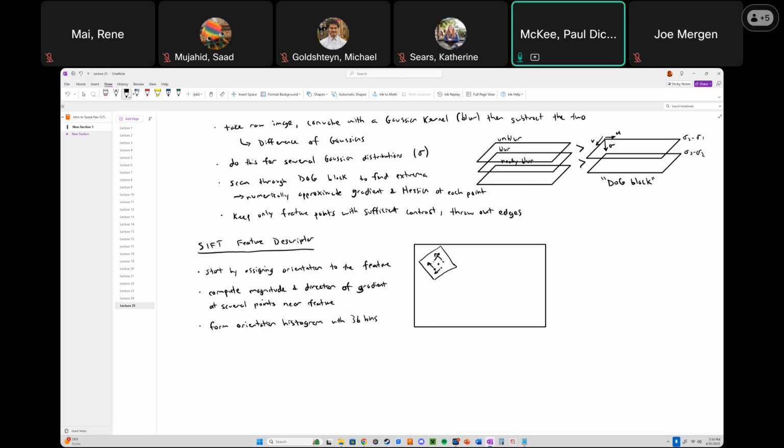So all of the feature points near the original feature point with an orientation between 0 degrees and 10 degrees, they all fall into one bin, if that makes sense. And this is filled with subpixel sample points in a windowed region around the feature.